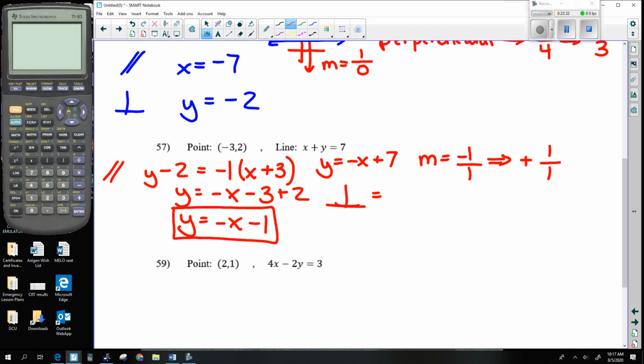All right, so here we go. This implies y minus y1 is equal to m, x minus x1, which is a -3, so plus. And so this is x plus 3 plus 2.